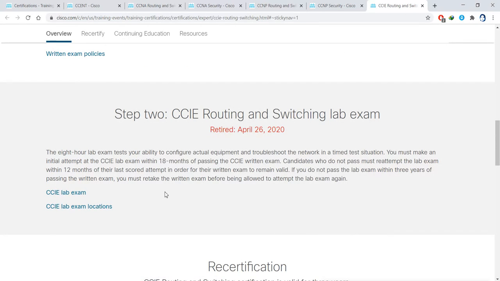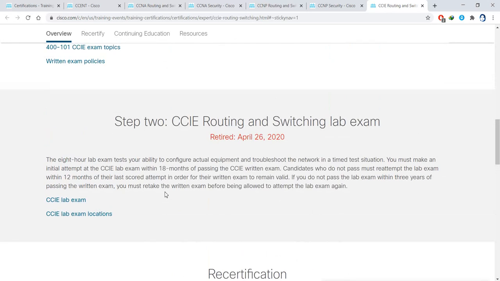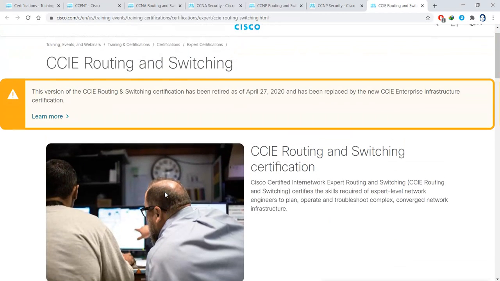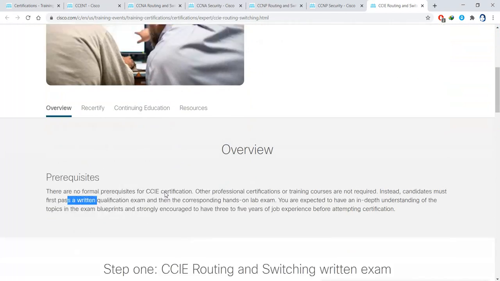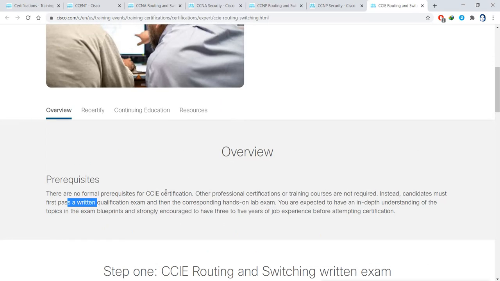That lab exam is conducted in a lab, and it is very costly also. So without practical knowledge, you cannot do this CCIE exam.